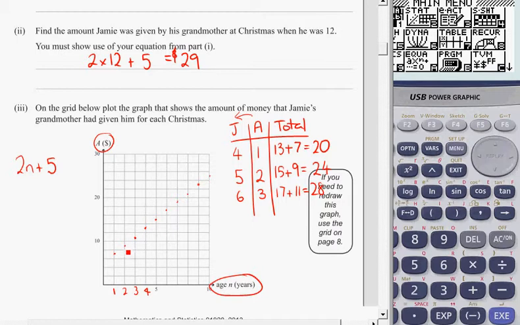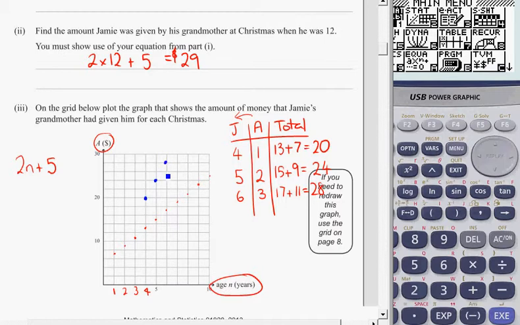On this grid, sketch the graph showing the total amount that their grandmother had given them each Christmas. So perhaps in a different colour. When Jamie was 4, she would have given a total of 20. When Jamie was 5, it was 24. When Jamie was 6, it was 28.